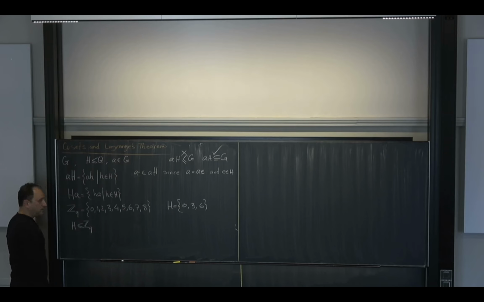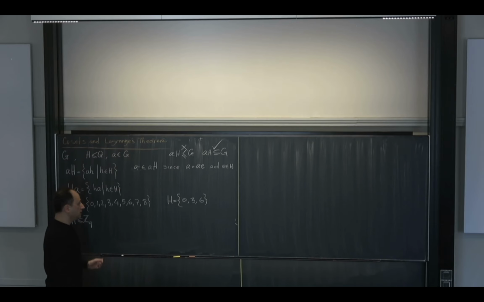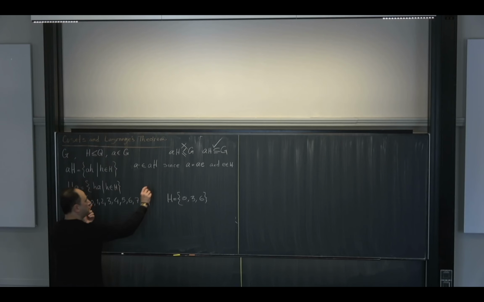And I am asking you to find all left cosets of this subgroup. Okay? Yes. Is the operation addition? Oh, yes, the operation is always addition if I don't say it for Z9. Addition modulo 9. Yes? Okay, so the first thing I will do, I will take this element. In principle, I have to consider 0H. I have to consider 1H.